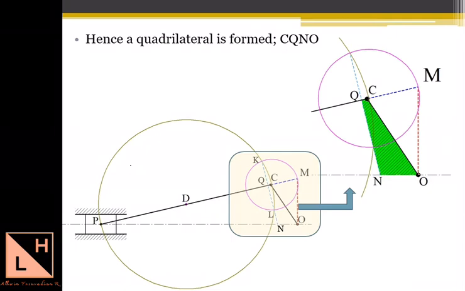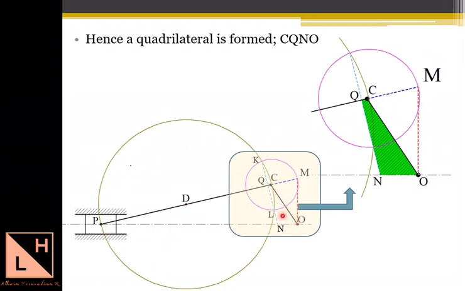Let us go to the next side of the quadrilateral, say CO. If you take this CO, it is simply the complete length of the crank itself. So this crank is giving a complete rotation. There is no linear movement for this particular crank.